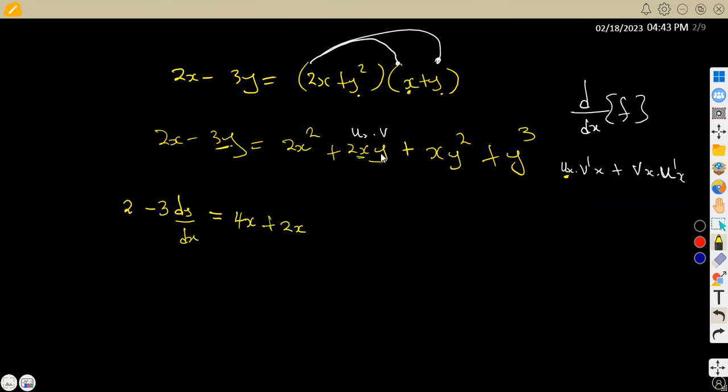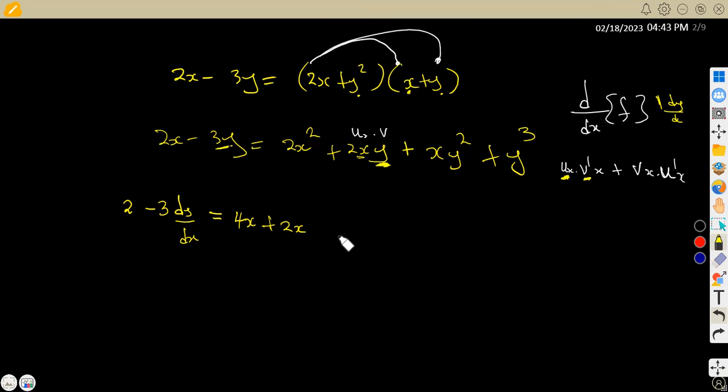Then v', the derivative with respect to x, here we're given y as v. So the derivative of y is a 1. So it was supposed to be 1 dy/dx like that. So guys, you can just write it as dy/dx, or you can write it as 1 dy/dx, whichever way is still fine, okay? Here we are multiplying, not adding, because this is u, which is 2x, by the first derivative.